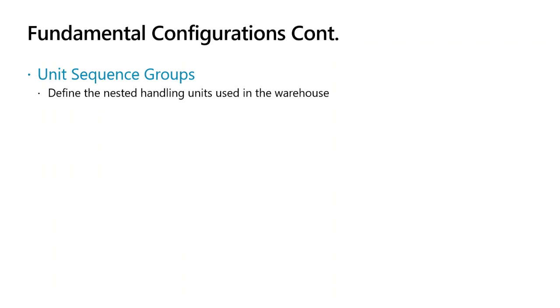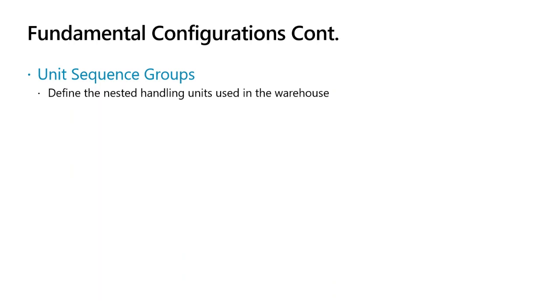So some additional fundamental configurations that we have. Another one that is item related is the unit sequence group. The unit sequence group is the only mandatory configuration on the warehouse tab of your release product setup.